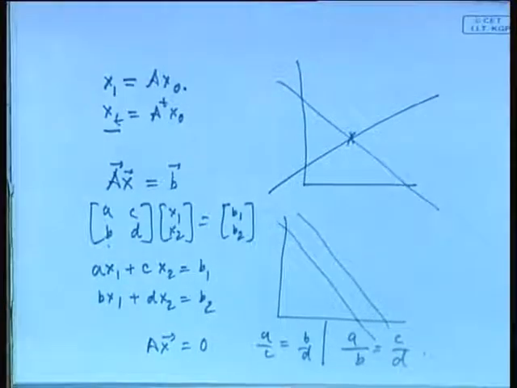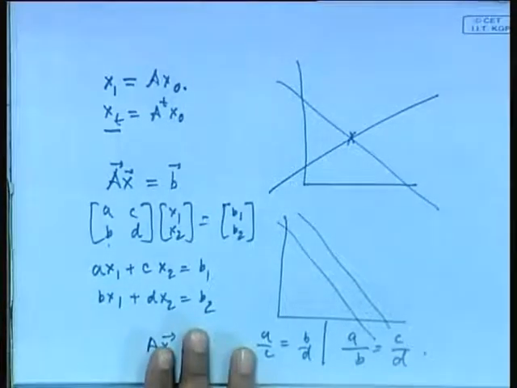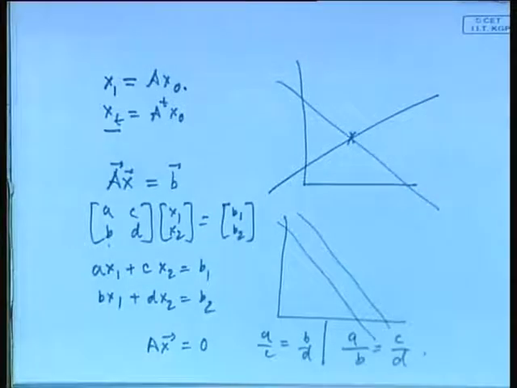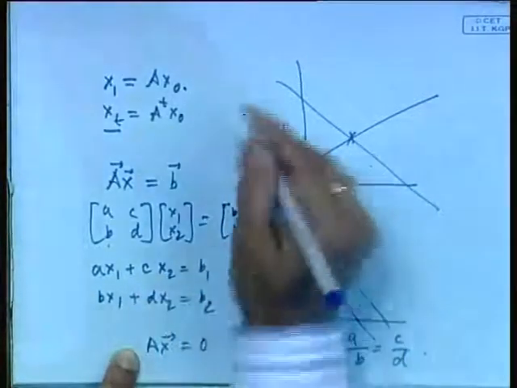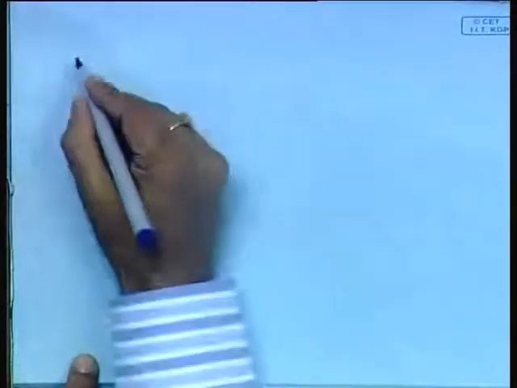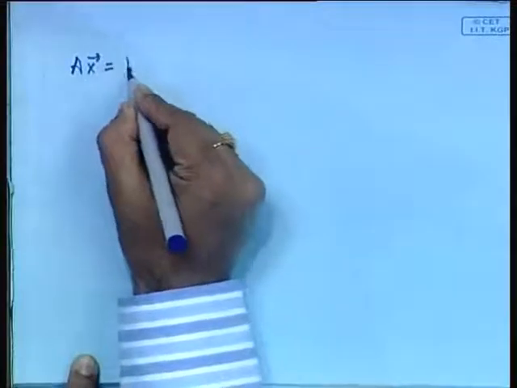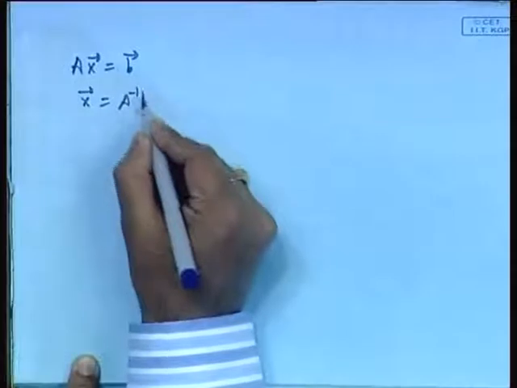And if all the rows are not linearly independent for an n cross n matrix, then it is not invertible. Because if the matrix is invertible, then it's very easy to solve such an equation. So remember, you have Ax equal to b, and you could just do x equal to A inverse b.